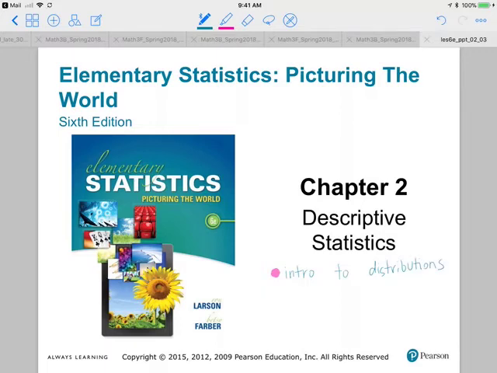And the second part is describing distributions by way of the center of the distribution, the shape of a distribution, the spread of a distribution. Okay, and we'll put shape and position.